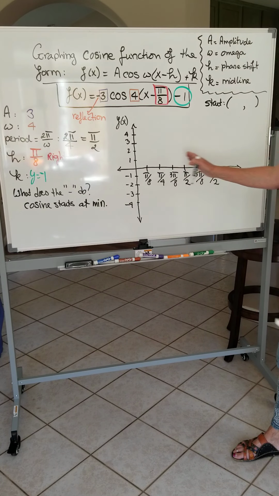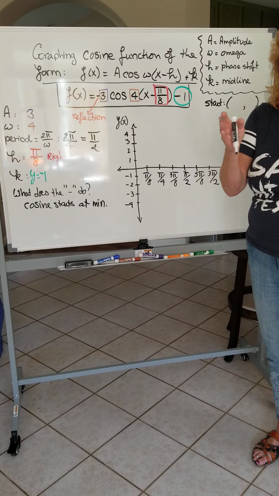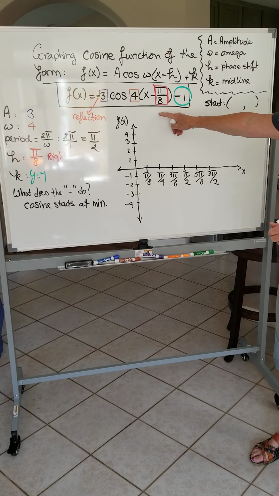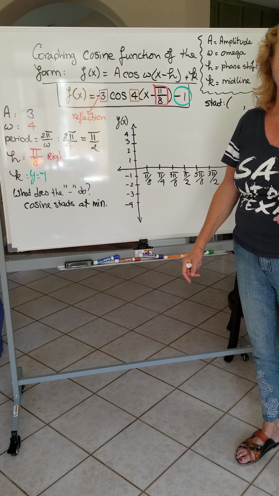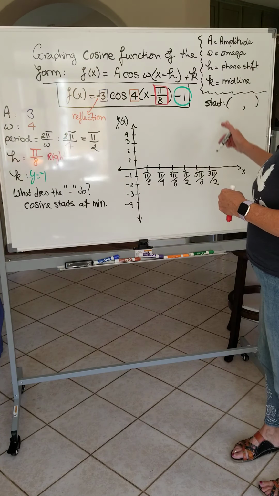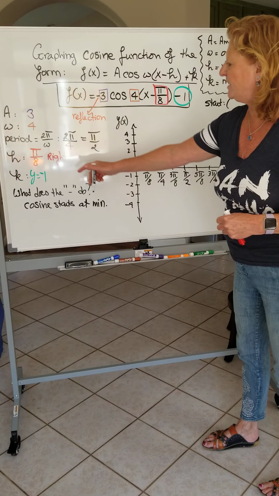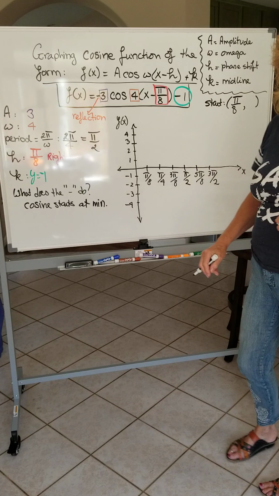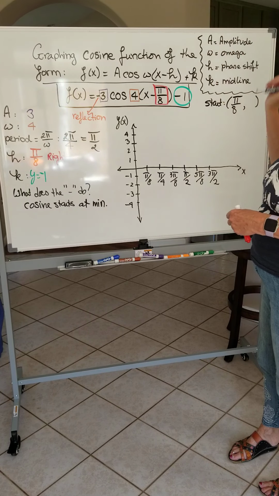So however many little squares you want to use for pi over 8, make sure that you always use the scaling of your phase shift. Makes it easier, make that graph paper work for you. So I start at pi over 8 to the right, so that is 0 plus pi over 8, which is pi over 8 along the x-axis.